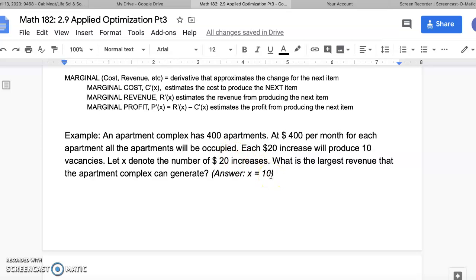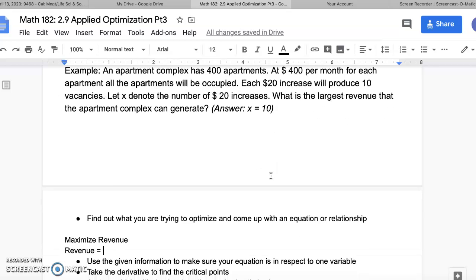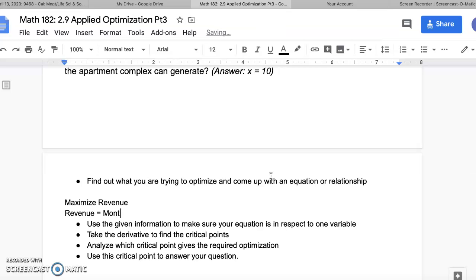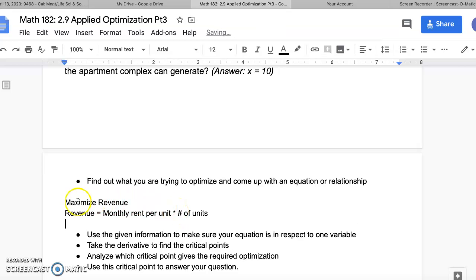So our revenue is always going to be monthly rent per unit times the number of units. Let's write that out. Monthly rent per unit times the number of units. And there you go, so that's our start. This will give us focus and it'll help us figure out how we want to proceed with the problem.